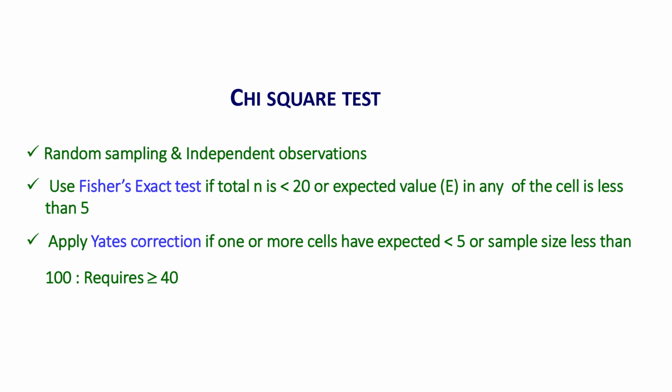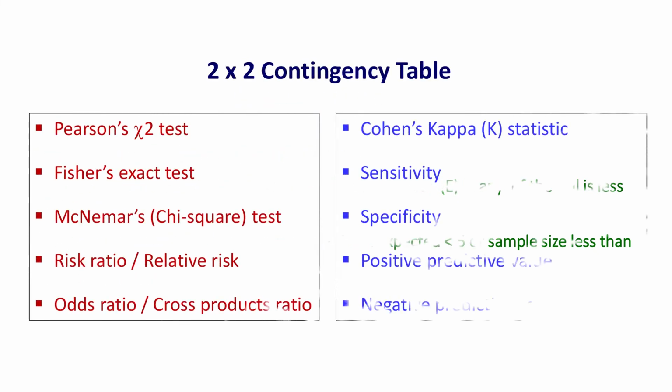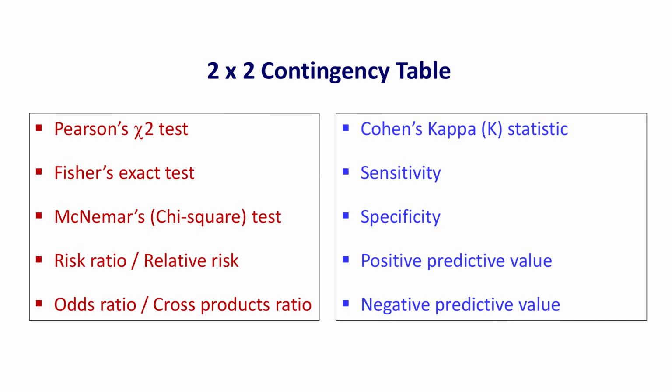So we need not do much on the data, like whether I have to apply the Yates correction or not, you don't have to keep that in mind. If any of your cells has a value less than 5, the software automatically applies the Yates correction. It is just for our understanding that such things happen, so it is only for knowing the things.